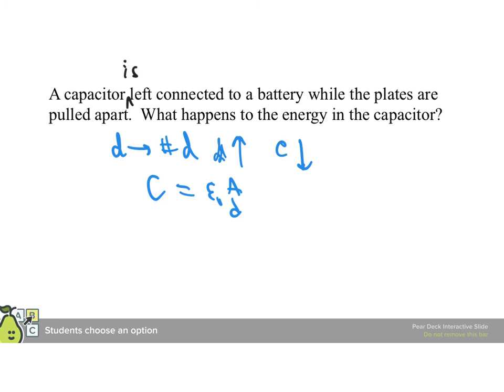So there is less capacitance. But 1/2 C V squared, V is constant because we're connected to a battery. So as C goes down, U also goes down. There's less energy stored.